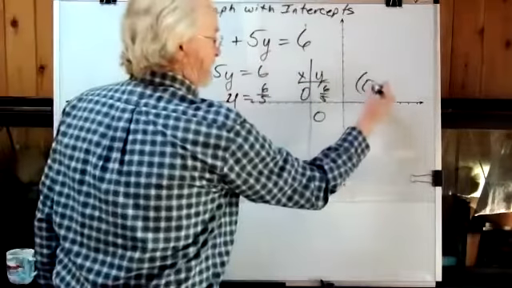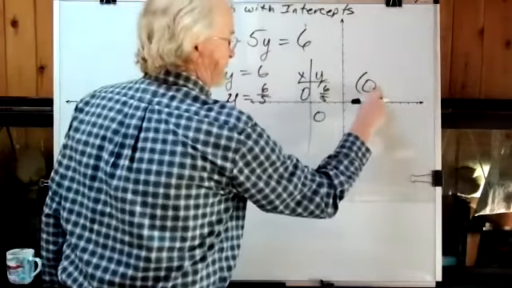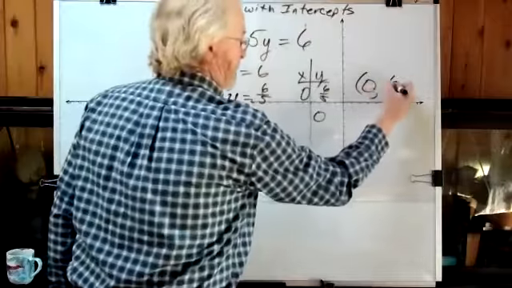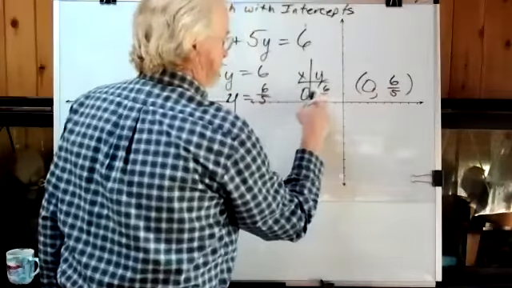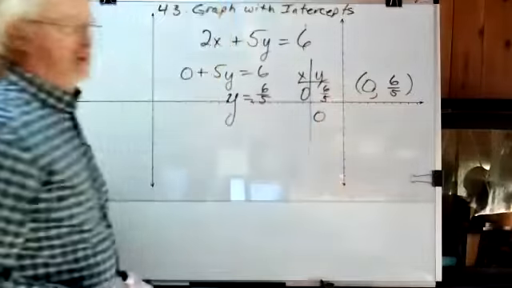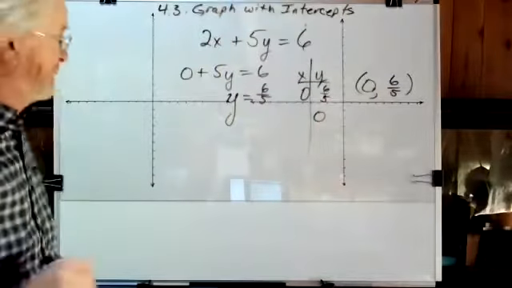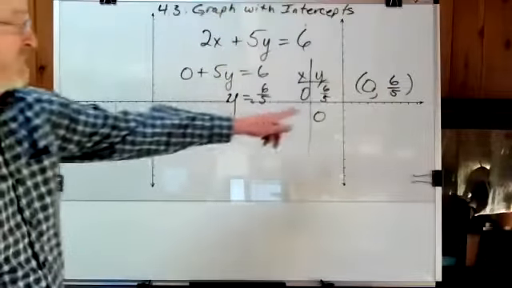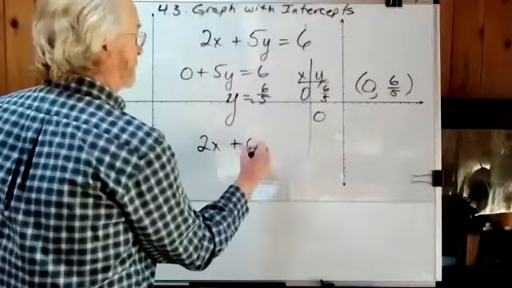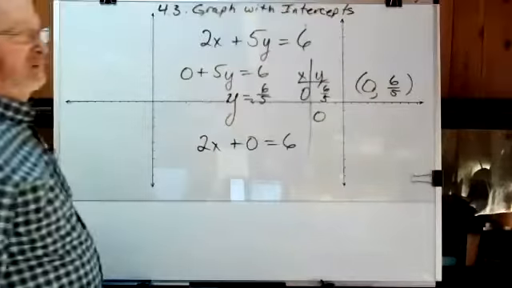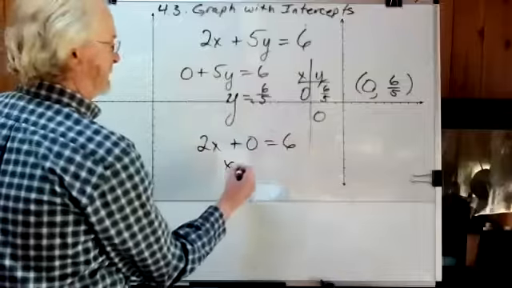divide by the 5, I get 6/5. That ordered pair of (0, 6/5), slow down, Steve, make it neat. How do you estimate a fifth? That's pretty small. If I have a 0 for y, right, that one's not too bad. Divide by 2 and x is a 3.